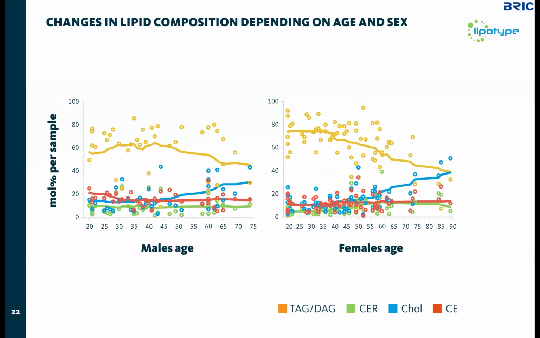And finally, I would like to also show you compositional changes on the class level. So you see that there is a drop in ceramide content in women with age, and you see that there is a significant decrease in the total amount of sebum lipids in women with age, and these changes are mainly associated with peri- and post-menopause.